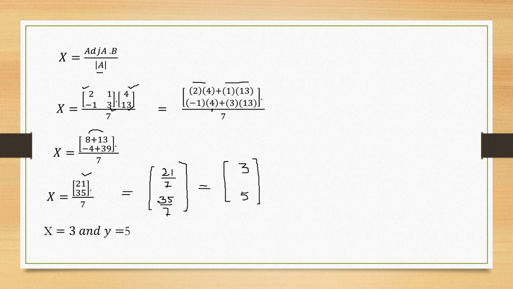So now capital X is equal to 3 and 5, so the value of small x is 3 and small y is equal to 5.